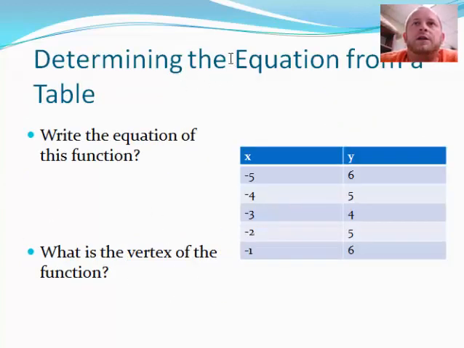Okay, if we need to determine an equation from a graph or from a table, what we're going to do here is we're going to pay attention to our Y values. Okay, so first thing, pay attention to the Y values. Okay, your Y values are going to be telling you where your vertex is. So as you look at it, you're trying to find that point in a table where as it hits this point, it's going to start trending back up.